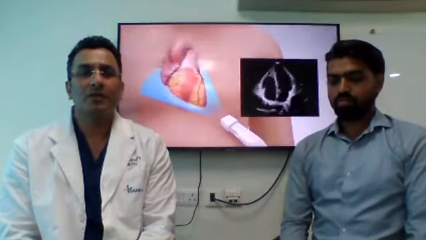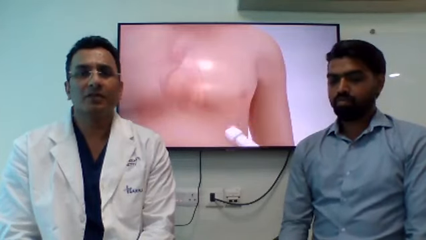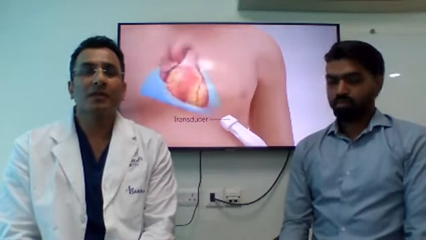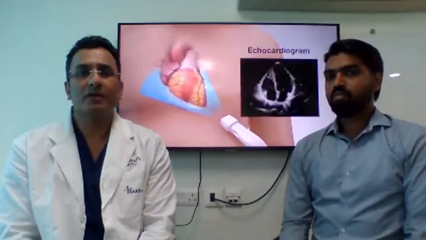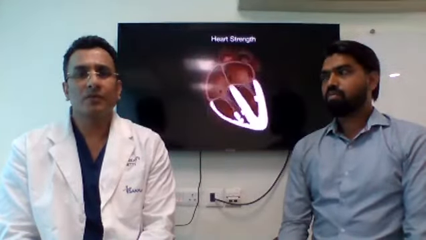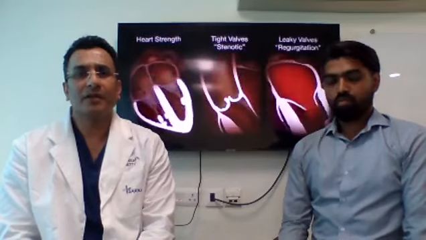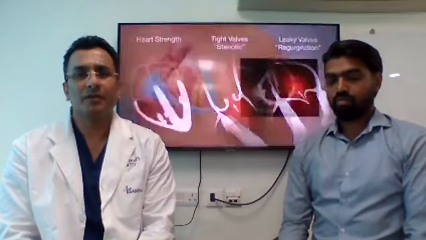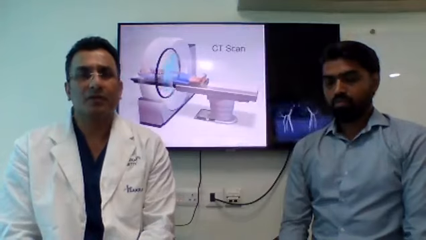So a patient may choose any of these valves. There may be some circumstances where your doctor might want to choose between a balloon-mounted valve versus a self-expandable valve, depending upon a patient's propensity for developing what we call complete heart block.